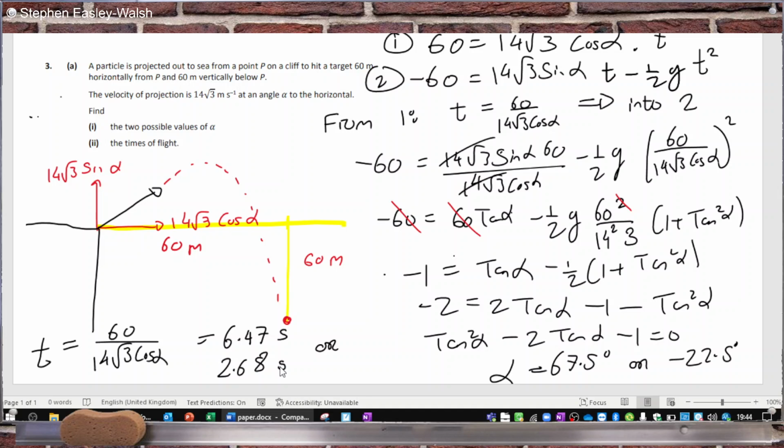Or you could just leave it in the form here, I guess, putting in the cos 67.5. Okay. I think that's that question done now. The two angles, alpha and the 2 times of flight. And you can fire it up, and the negative angle represents a more direct shot to it. Okay.